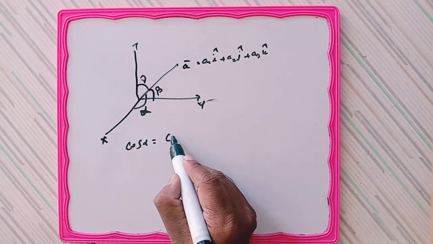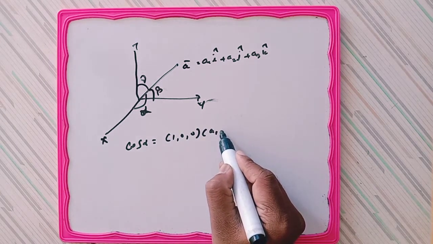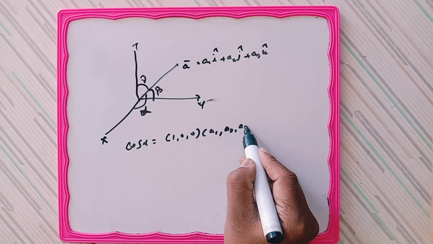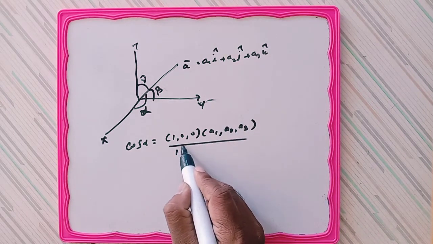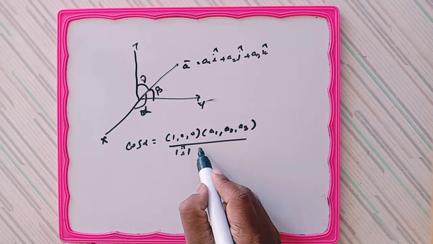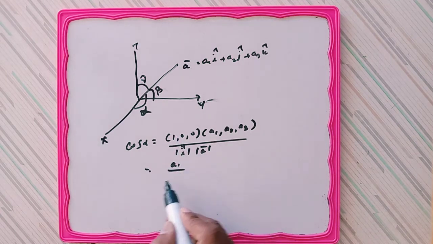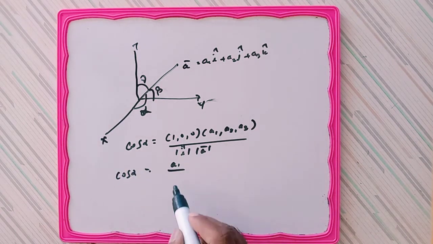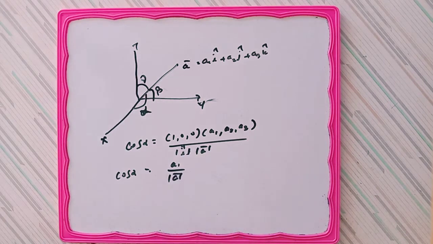So the x-axis direction is 1 0 0, dot A1 A2 A3, upon the magnitude of the x-axis, meaning i caret, and the magnitude of A bar. So here 1 into A1, and the magnitude of i caret is 1, so cos alpha will have A1 by magnitude A bar.